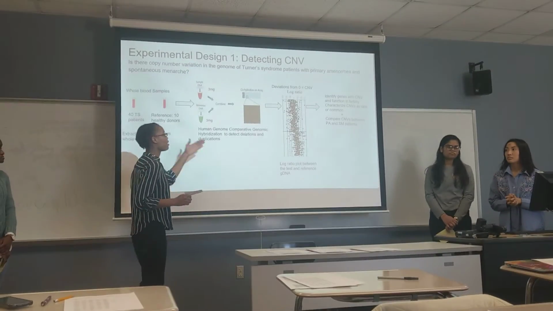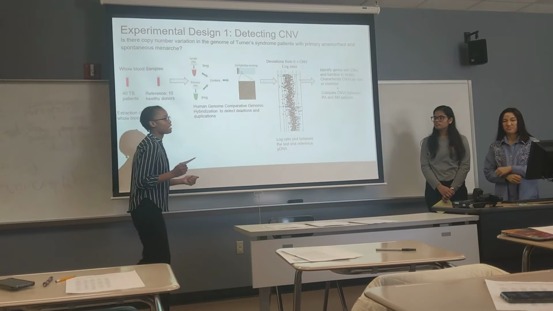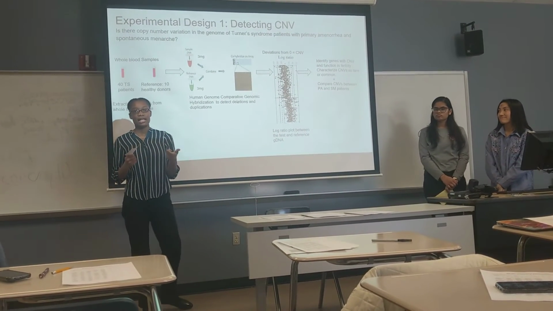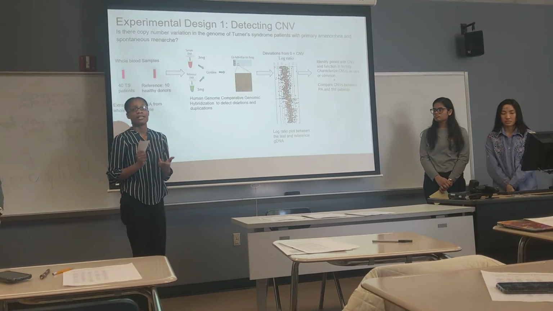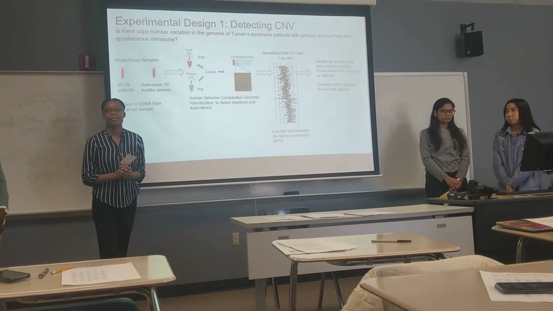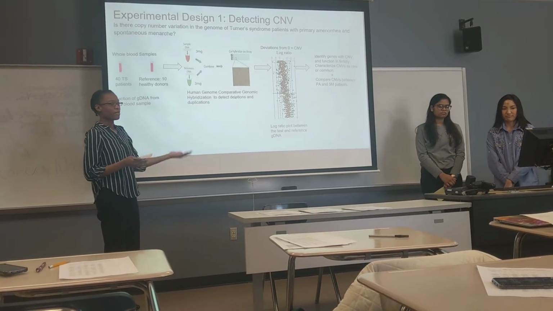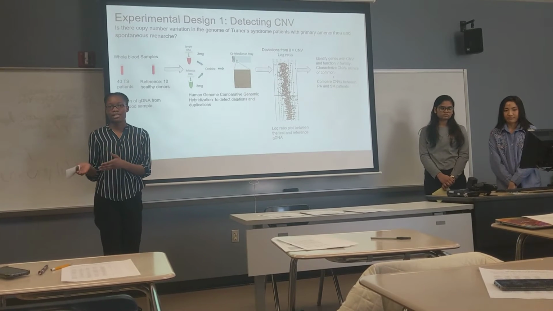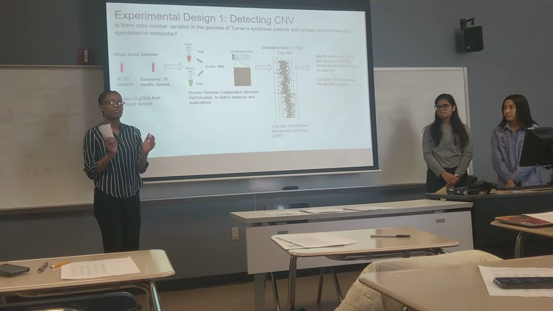So they did all of this with the genomic DNA from the Turner syndrome patients, and what they did was to identify the genes that copy number variants are present in, and also characterize these copy number variants as either rare or common. Common copy number variants are those present in both the reference sample and the patient sample, and these were not characterized as significant since they were present in both.